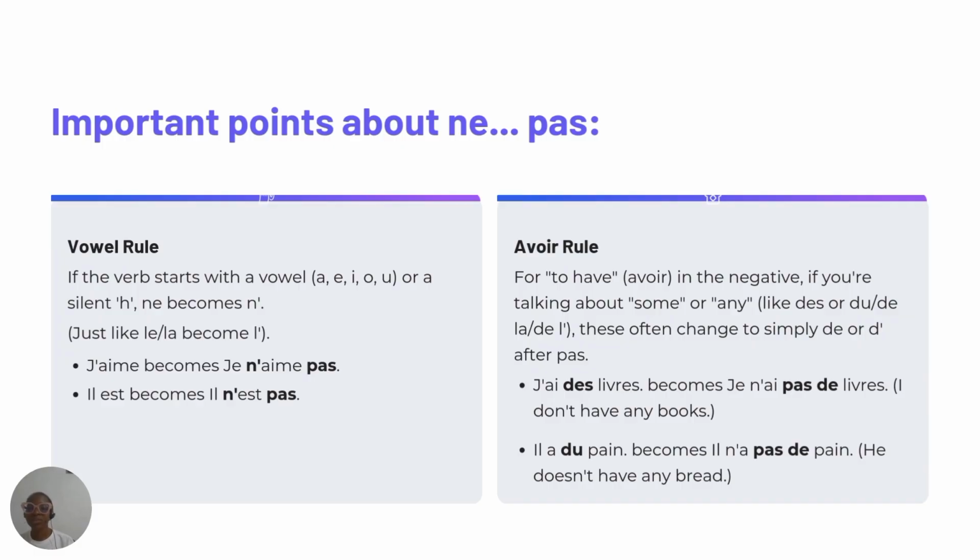So that means once you are done with your negative, if the verb avoir is in your sentence, then whatever you want to say afterwards will be de. So you don't need to mind whether it is feminine or masculine. Just say il n'a pas de livre, il n'a pas de pain, and so on.